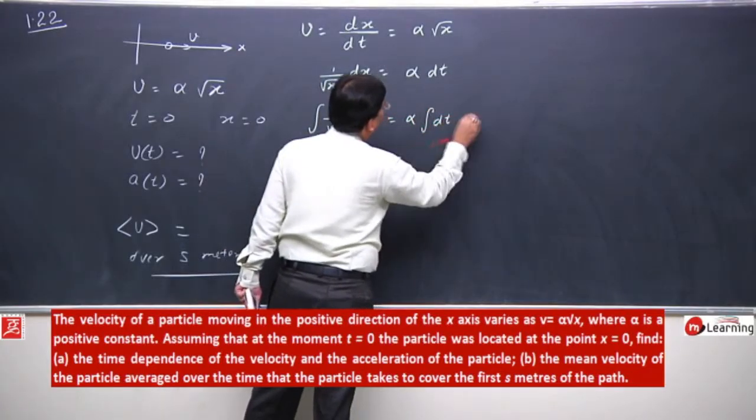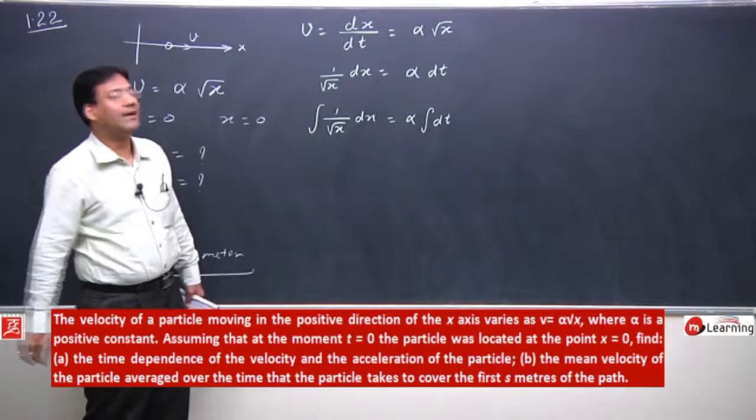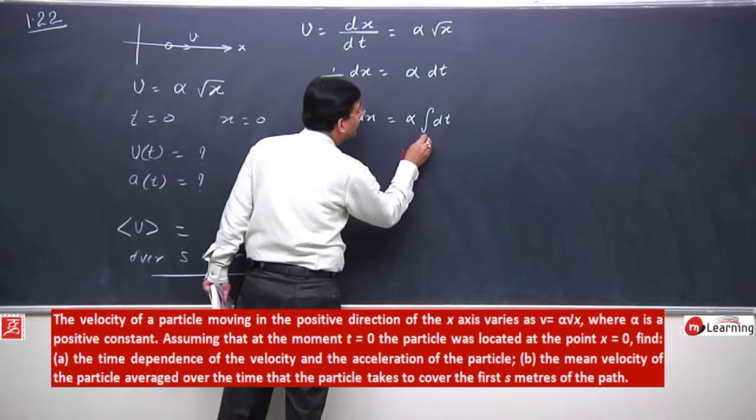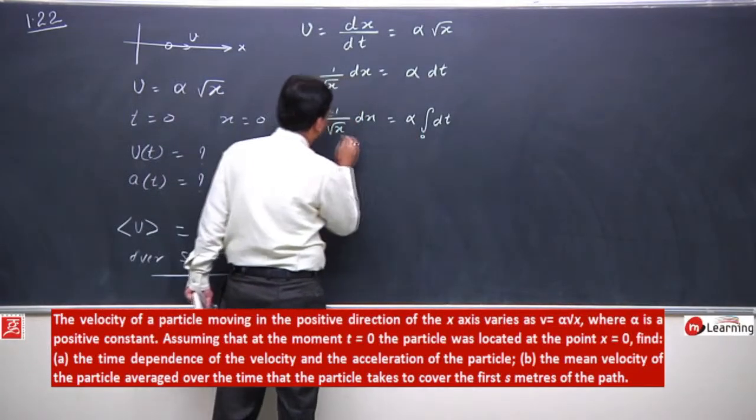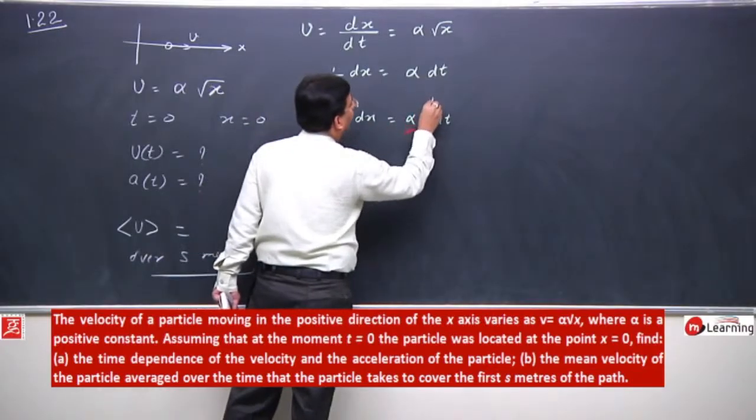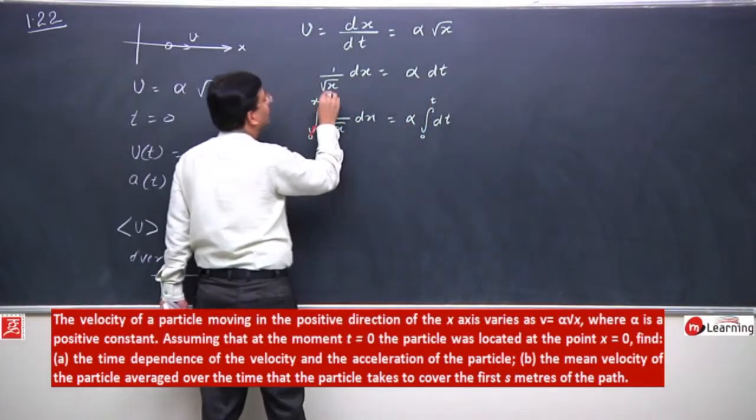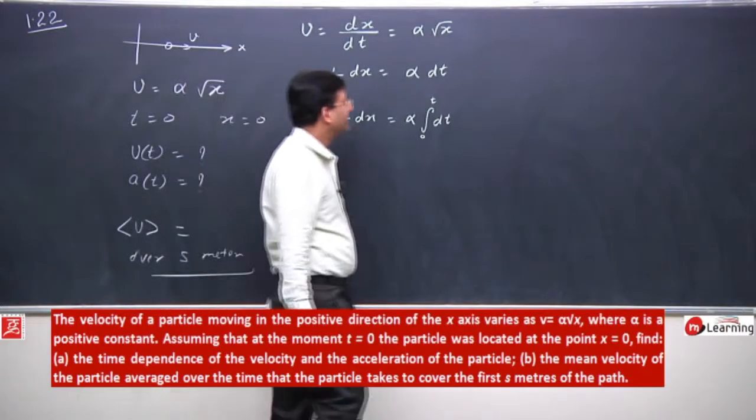Alpha is a constant, so it will stay outside the integral sign. At time t equal to 0, x is 0, and at any instant t, it's x.